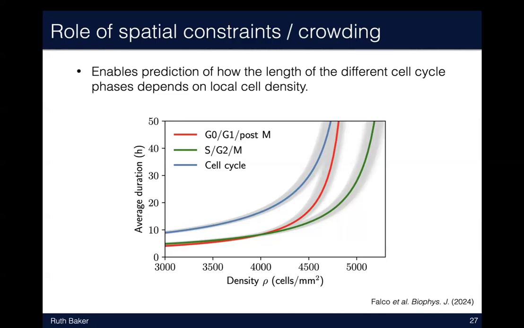The question is asking if any of this is related to individual cell size, because the densities are cells per millimeter squared, is there an effect of cell size? The short answer is we didn't look at it here, but in a different study we had an individual-based model and we let the cell radius increase over time.